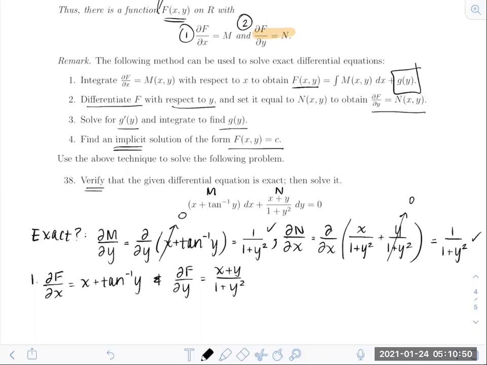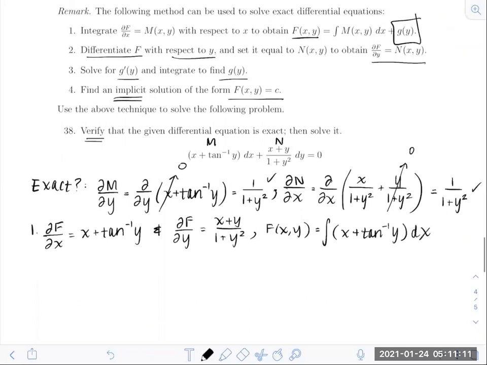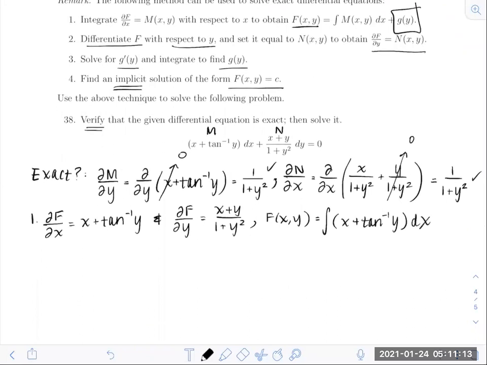And then from here, I would like to do my first attempt at recovering f. And like I said, I'm going to just work with that first equation, but you can do it either way. I want to take the partial integral with respect to x of x plus tangent inverse of y. All right, so let's integrate both terms here.